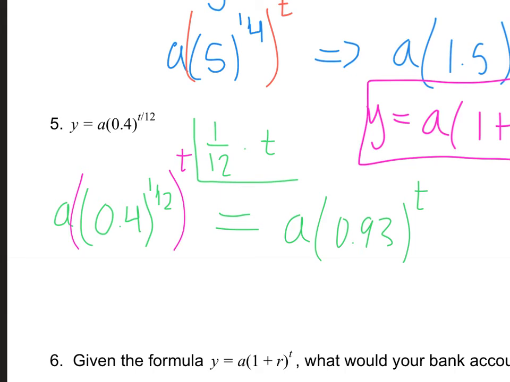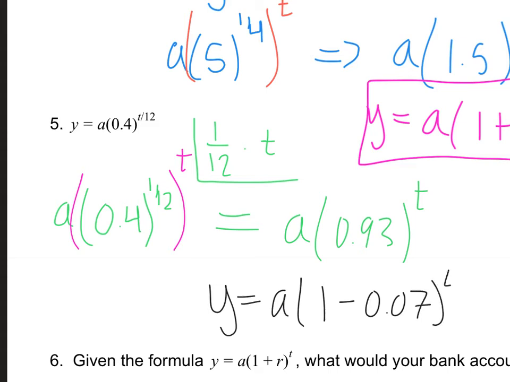And now I've got to make this look like 1 minus r. So 0.93 is just equal to, and I'm going to write this in black. So my answer here is going to be y equals, that a stays the same. 0.93 is just 1 minus 0.07, to the t.